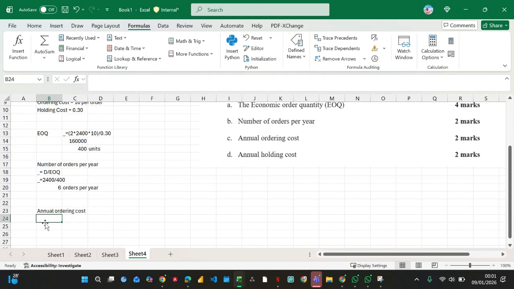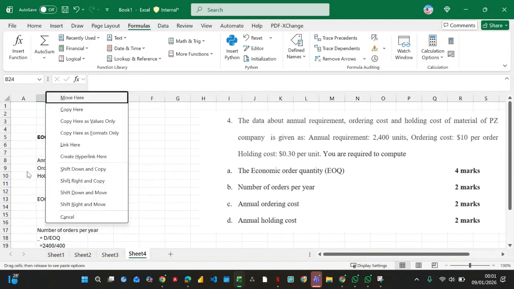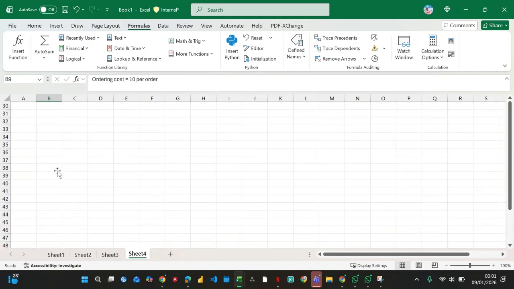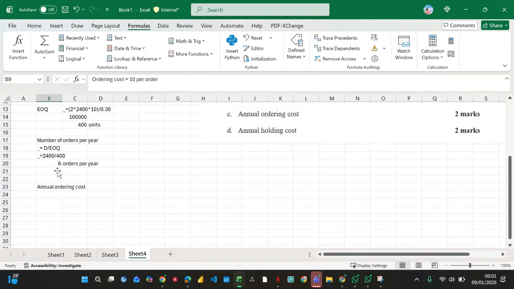So now for C, we need the annual ordering cost. The formula for this is the number of orders multiplied by S. What is S? Our S is the ordering cost.